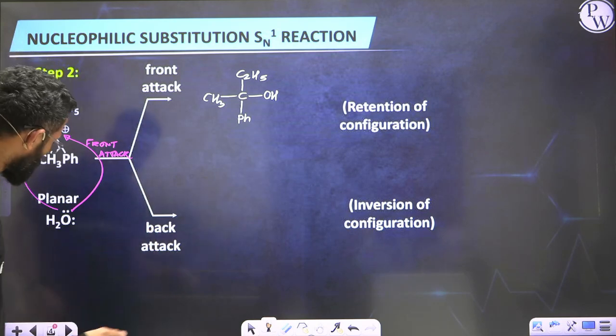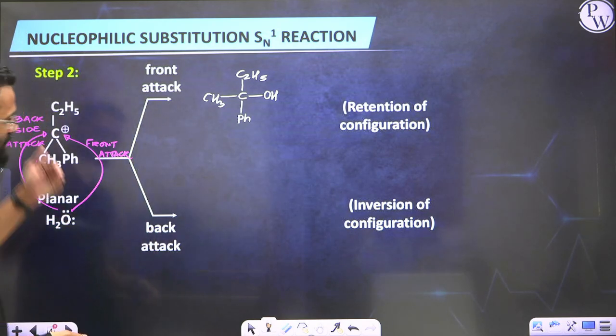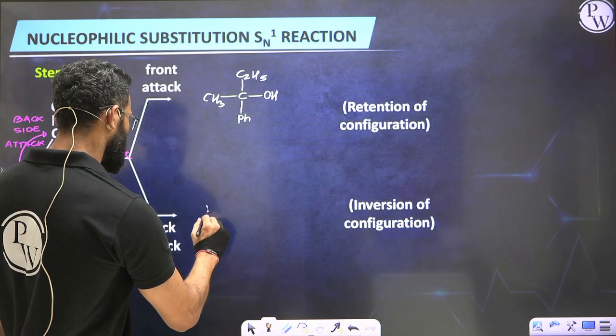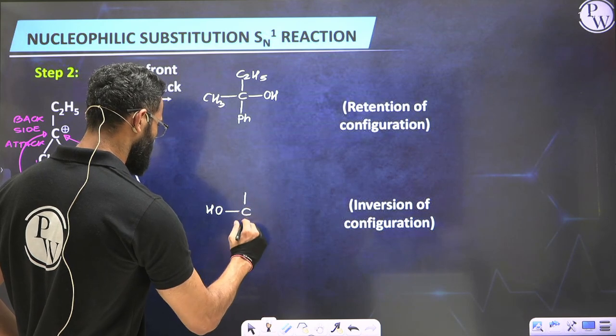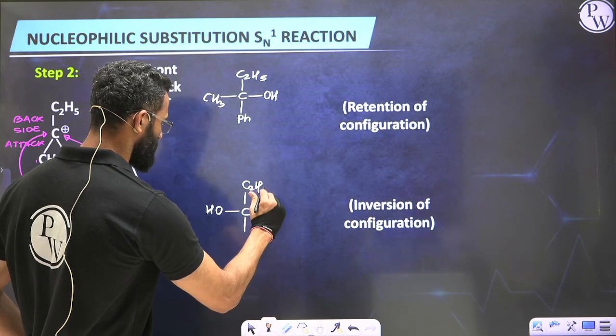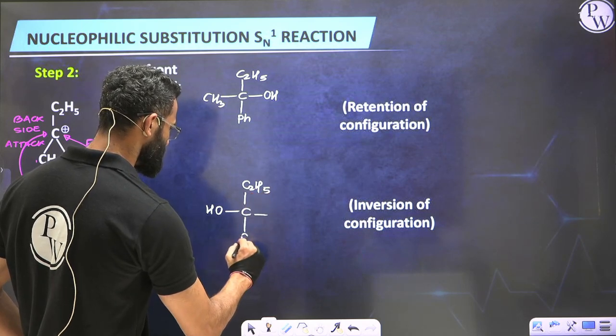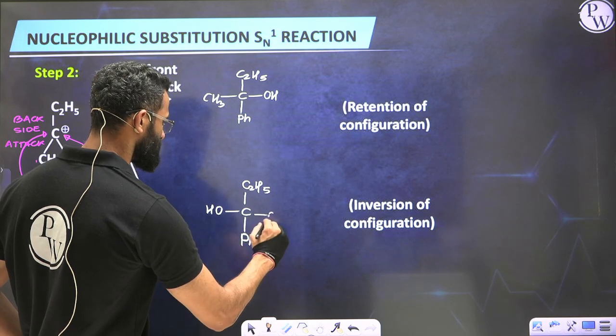And if I assume the attack of water taking place from the side opposite to that of bromine, then the OH will be represented like this. And these are the remaining groups: C2H5, that's Ph, and this is methyl.